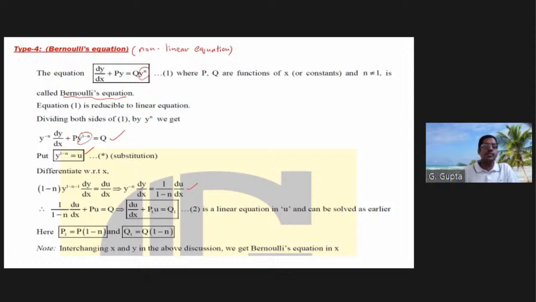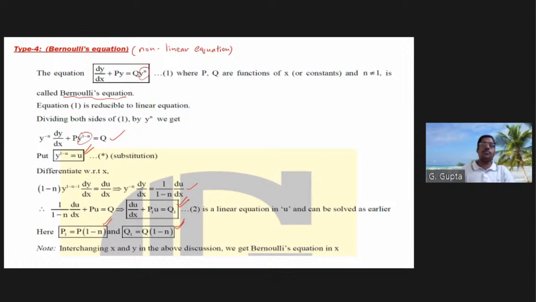Multiplying both sides by 1 minus n, eliminating 1 upon 1 minus n, you will get du by dx plus p into 1 minus n into u is equal to q into 1 minus n. I denote p into 1 minus n as p1 and q into 1 minus n as q1. So learn this step by heart, where I put the double tick, this one, this one, this one, and this substitution method. These 4 boxes are sufficient.